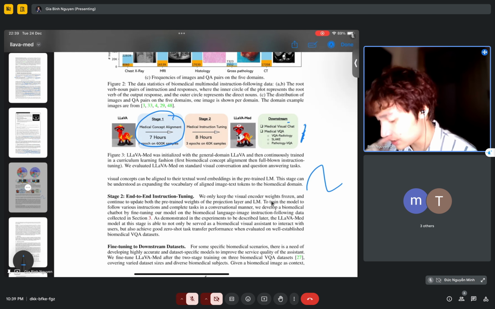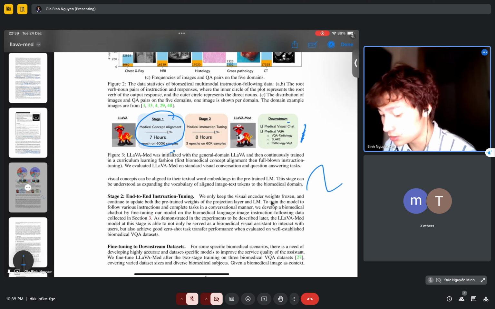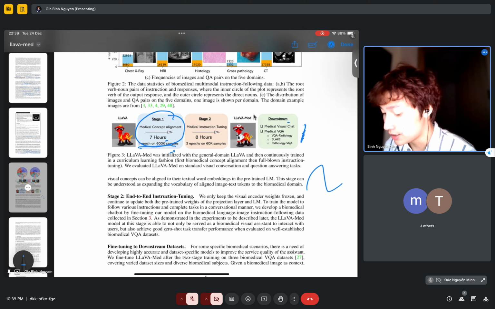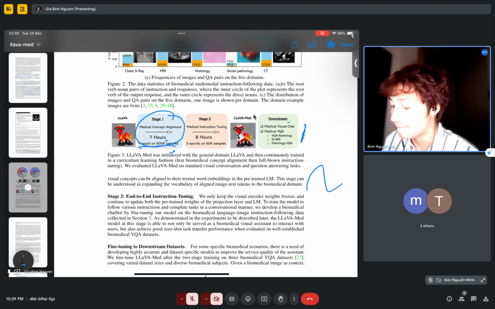But I think when we look at the samples here, we can find the answer. The first step is to align the features to the medical domain, and the sample here is 600k, a really big number, so it trains on one epoch, and the second stage, as I said before, is 3 epochs with fewer samples.